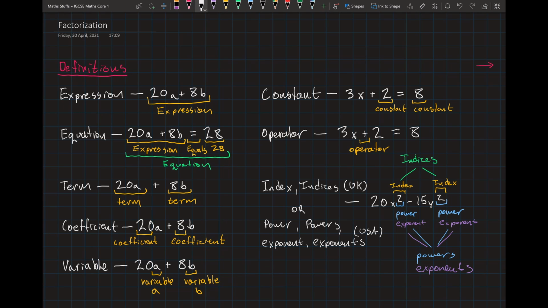So we could have 20a plus 8b minus 3c divided by 19d, and that would be an expression. So in this lesson, we're going to be working with just expressions. We're going to be factorizing expressions.